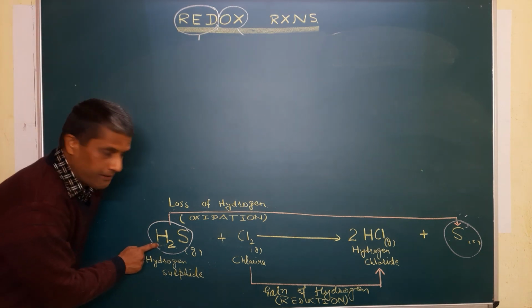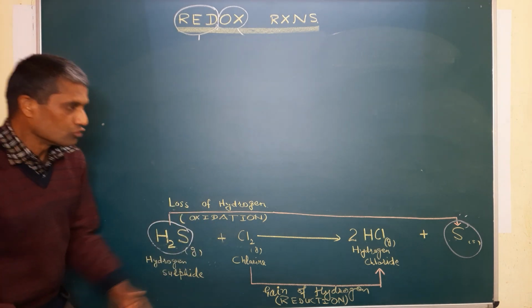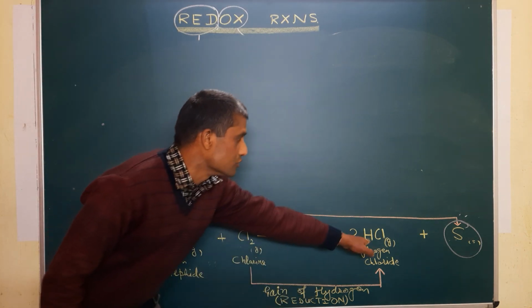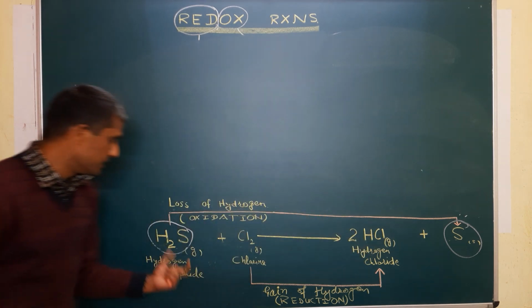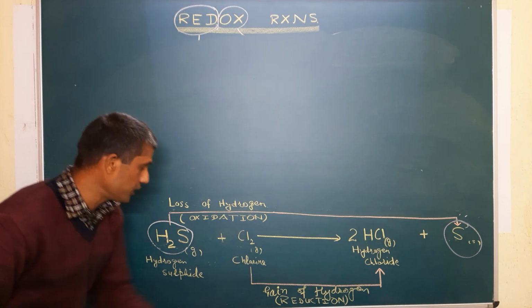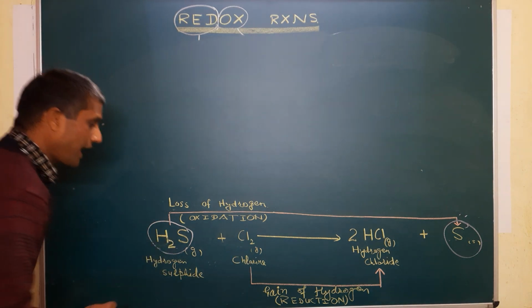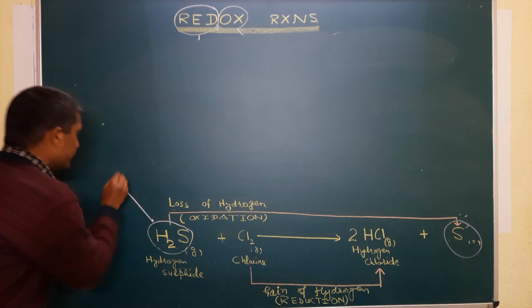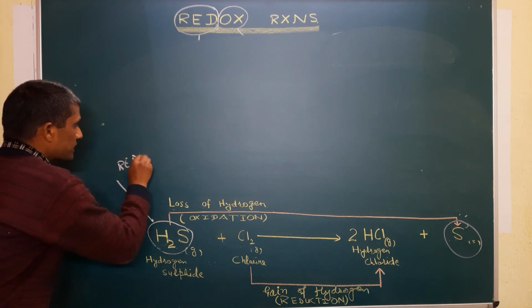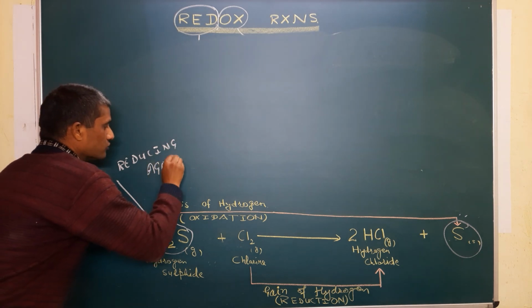You can see here that is hydrogen sulfide. Hydrogen sulfide, by supplying hydrogen to chlorine, reduces it into hydrogen chloride. It means it is hydrogen sulfide which is carrying out the reduction of chlorine, and that's why hydrogen sulfide is known as the reducing agent, because it is carrying out the reduction.